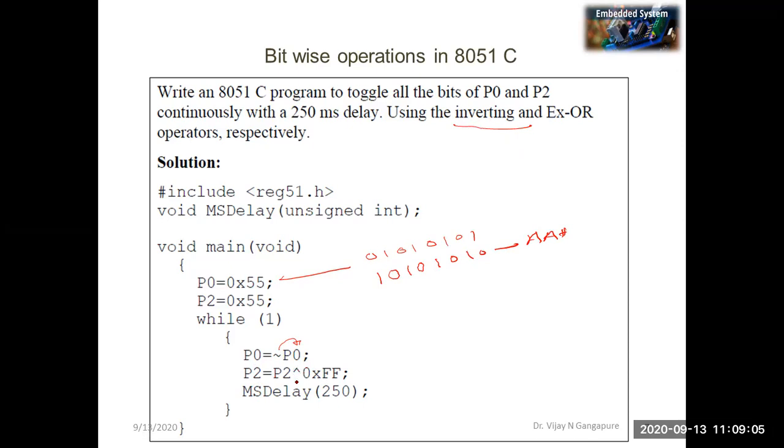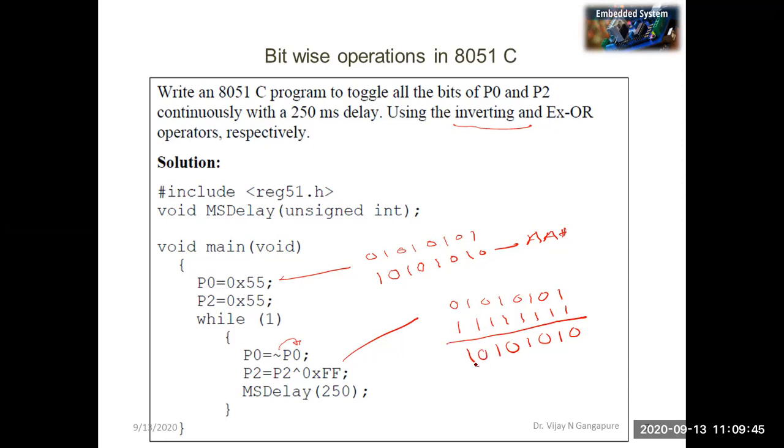This caret means the bitwise XOR operator, and we are XORing FF with this port 2 content. Now see what happens. What is in port 2 presently, 55, 0 1 0 1 0 1 0 1. And there will be a bitwise XOR operation between this 01010101 and FF, so 1 1 1 1 1 1 1 1. So see the result. Bitwise XOR means 0 1 becomes 1, 1 1 becomes 0, and so on: 1 0 1 0 1 0 1 0.